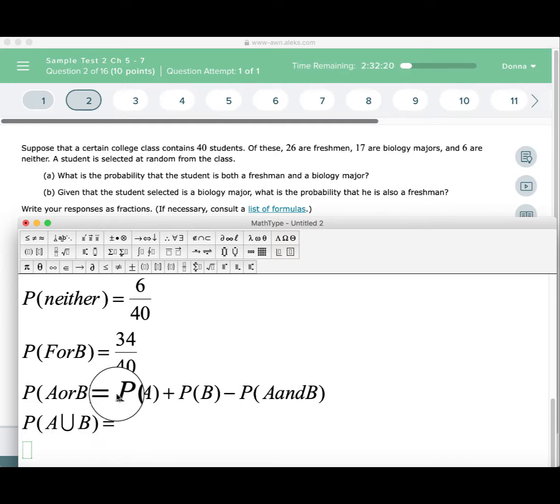And then for AND, they use the AND symbol.